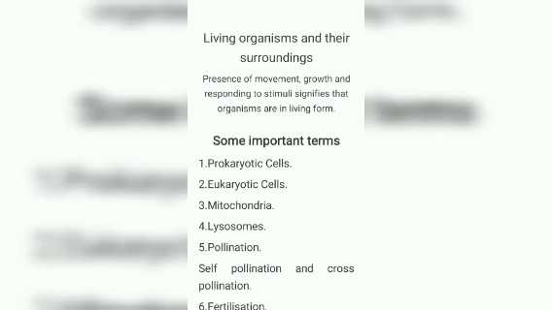Now let's talk about fertilization. The fusion of the male gamete with the ovary results in the formation of a zygote and thus fruits. Fertilization is the process by which fusion of the male gamete with the ovary occurs. I hope you know the process.